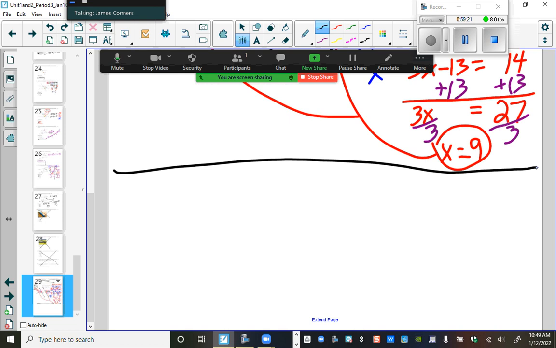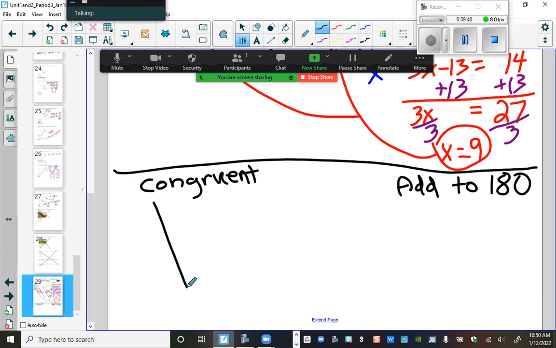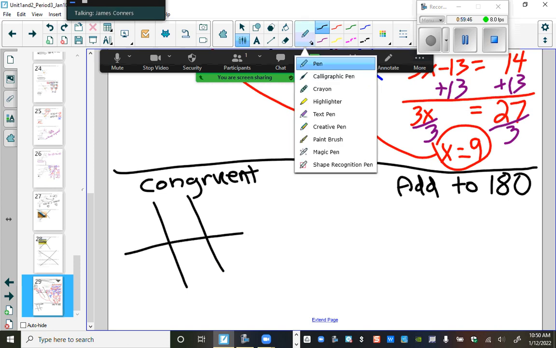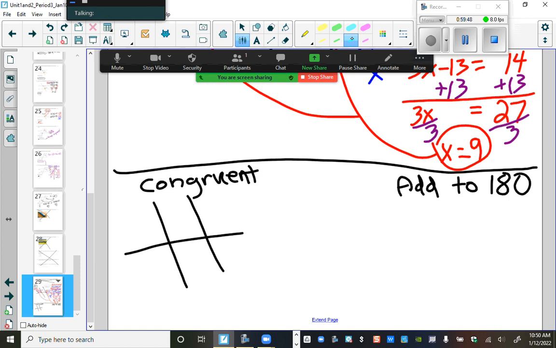So real quick, when they're congruent or add to 180. When they're congruent, that's when, for instance, you have your alternate exterior or you have alternate interior.